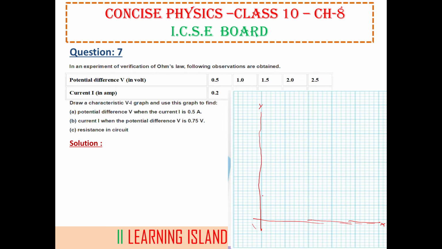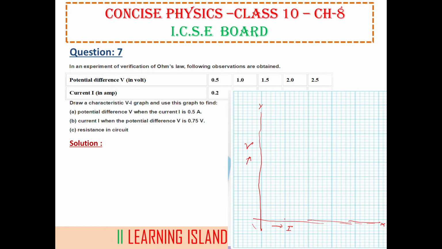In the X direction I will take I, and in the Y direction I will take V. That's why it is a V-I graph. If it was asked for an I-V graph, then we would take I in the vertical direction, the y-axis, and V in the x-axis. As it is mentioned that this is a V-I graph, V will be on the vertical axis, that is the y-axis, and I will be on the horizontal axis.